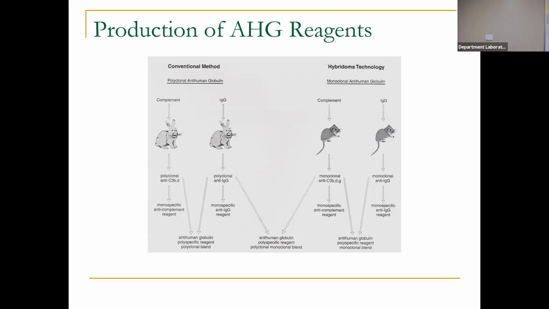The basis behind the monoclonal technology is they use a hybridoma. They use a multiple myeloma cell and then they fuse them together. And so it's a specific antibody being produced, and it can be either C3b, C3d, or IgG.